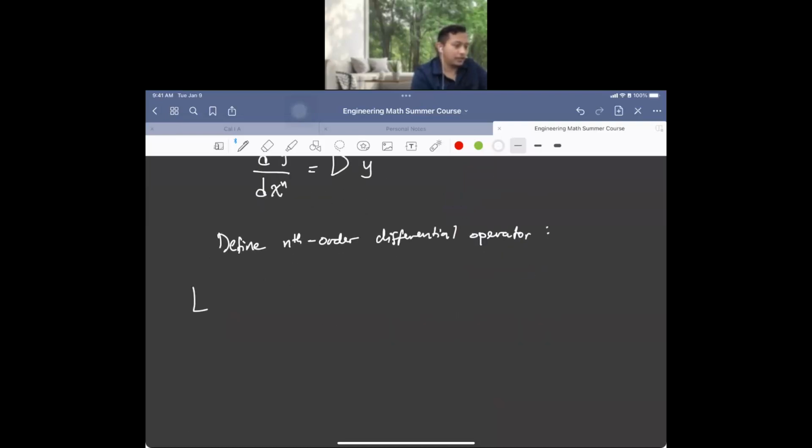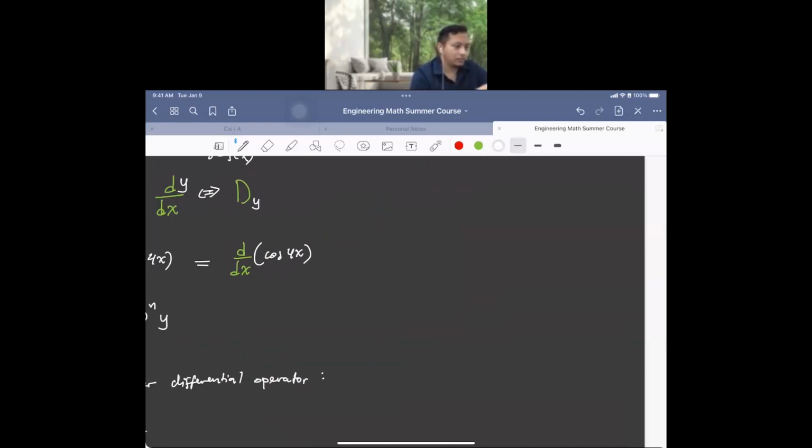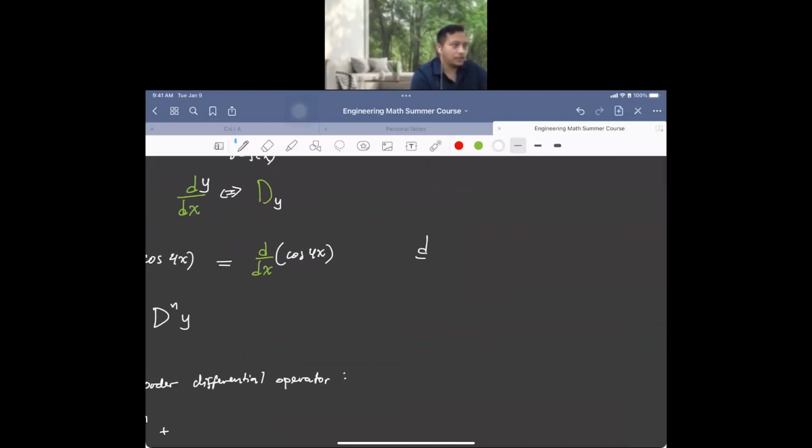So let's say L is a_n(x) D^n plus and so on. Or maybe let me give you a note here that if we have d/dx of dy/dx, we usually write the second derivative, right?